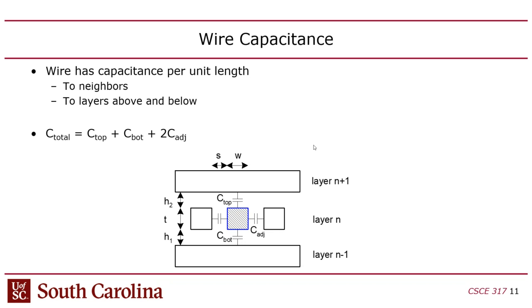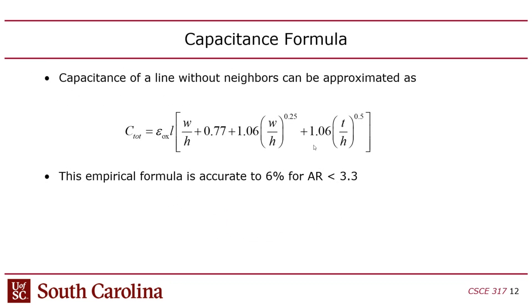As you go up in the layer stack, you're going to get farther away from the substrate. But then the neighboring wires depend on if you routed any wires next to that wire. So that's pretty complicated. How do you figure that out? Well, you can't really, but you can kind of generalize it a little bit.